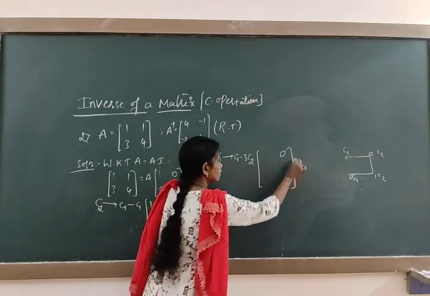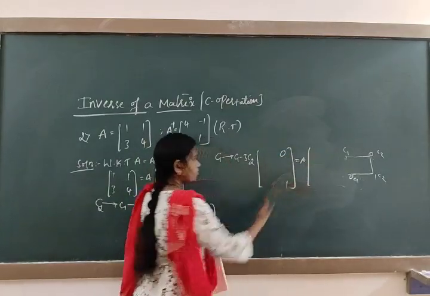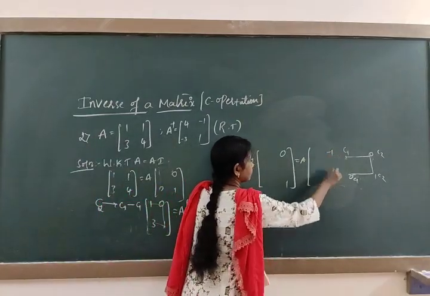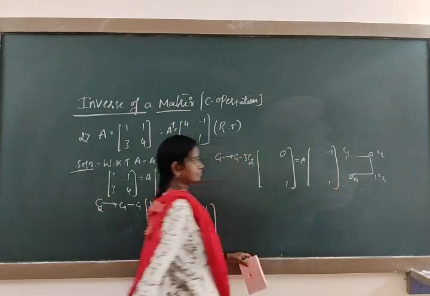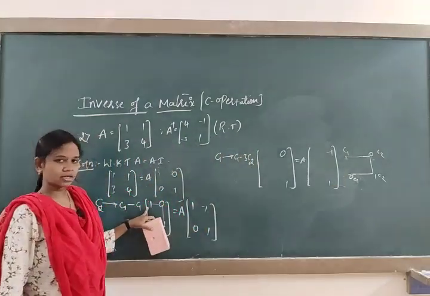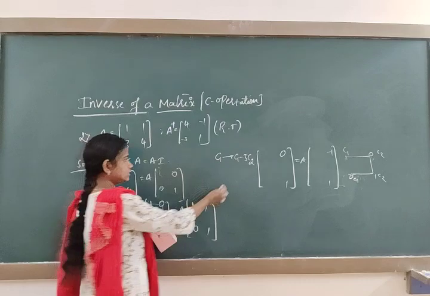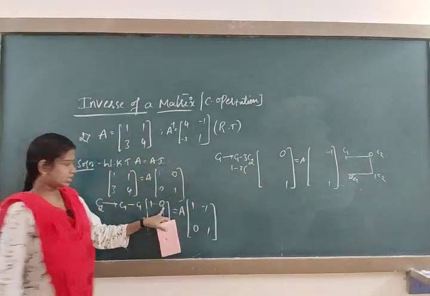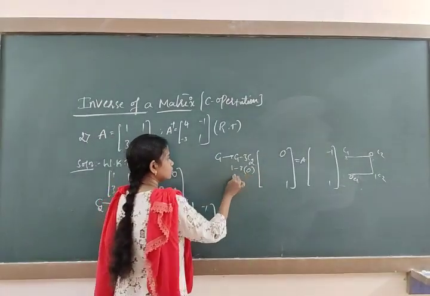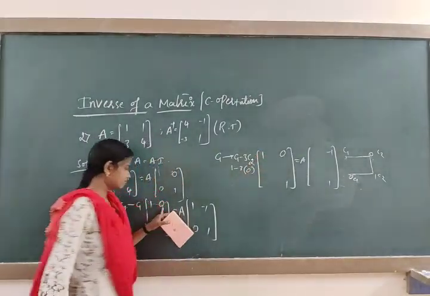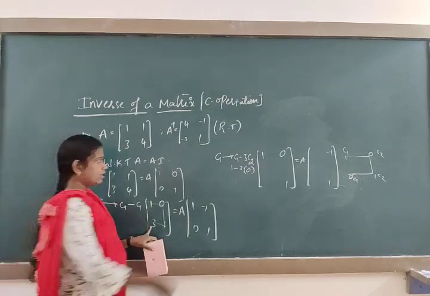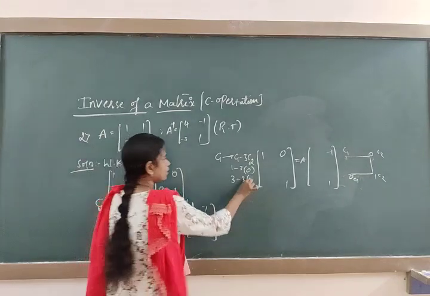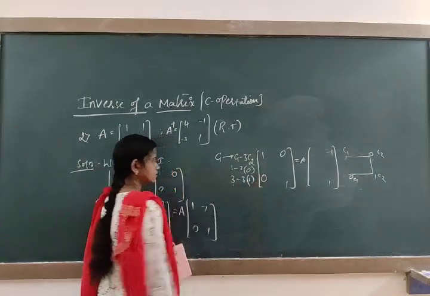0 1 is equal to A of minus 1 1. Now substitute the corresponding values in the transformation. C1 value is 1 minus 3 of C2 value, which is 0, so 1 minus 3 into 0 is 1. Next C1 value is 3, 3 minus 3 of 1, which is 0.